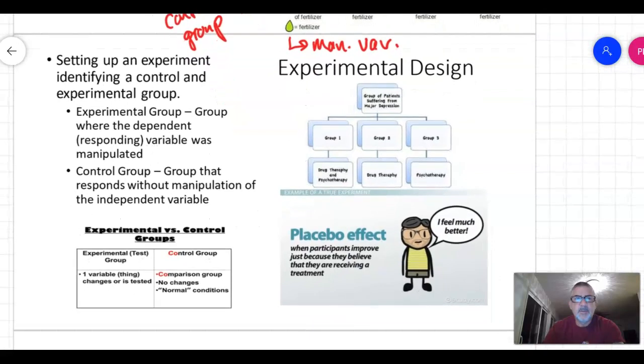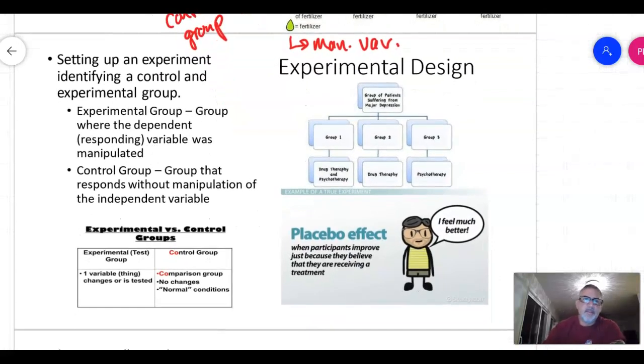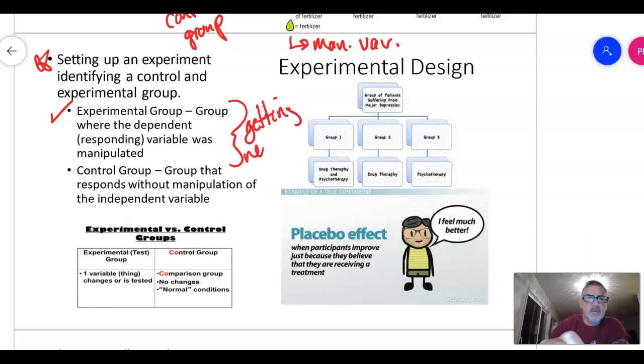All right, so setting up an experiment. In biopharma, right, I'll always have an experimental group, right? For instance, someone getting the new medicine.